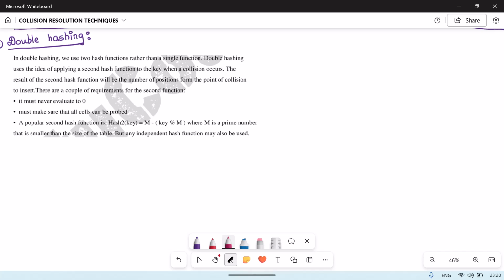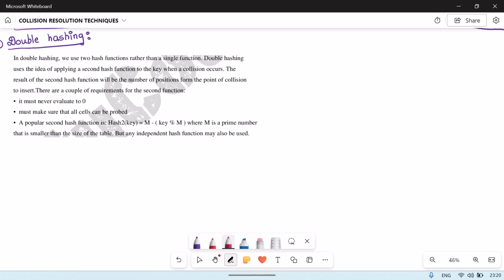Double hashing uses the idea of applying a second hash function to the key when a collision occurs. So when the collision occurs, we apply another hash function so that we can overcome the collision.